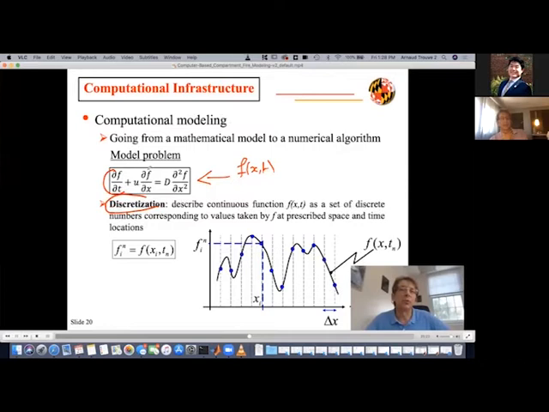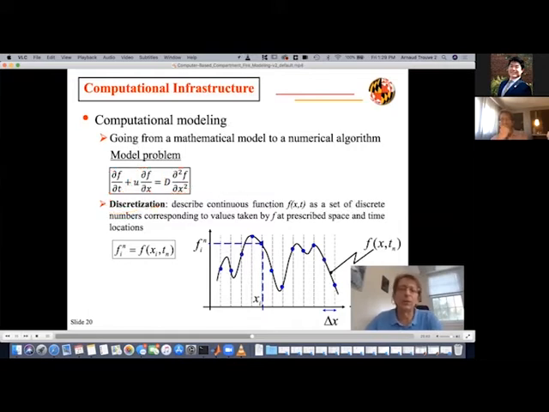I'm going to assume that f is controlled by a governing equation that has an unsteady term, a convective term, and a diffusion term. This is a simplified equation for the sake of discussion, and of course it is representative of the more complex set of governing equations that was discussed up to the previous slide.